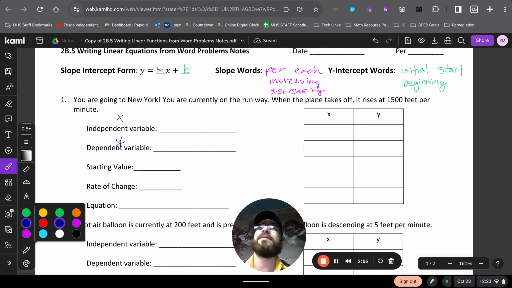It's that thing that we're not necessarily changing. It's just going to pass on its own. It's independent of the other value. So I think minutes in this case makes the most sense for our independent variable. And then our dependent variable, what's going to depend on the minutes as they go by? Well, the height of the plane is going to depend on that.